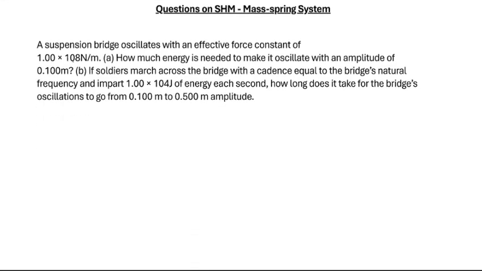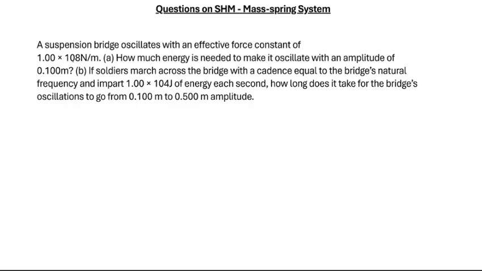A suspension bridge oscillates with an effective force constant of 1 times 10 raised to power 8 Newton per meter. How much energy is needed to make it oscillate with an amplitude of 0.1 meter if soldiers march across the bridge with a cadence equal to the bridge's natural frequency and impart 1 times 10 raised to power 4 joules of energy each second?